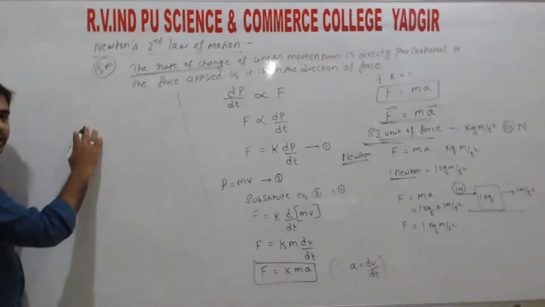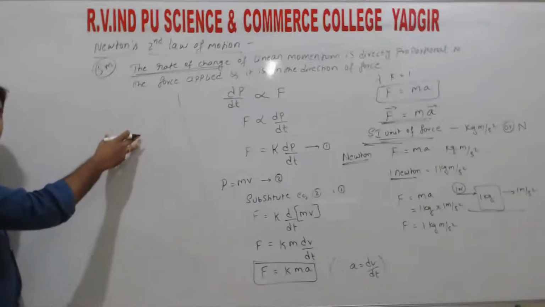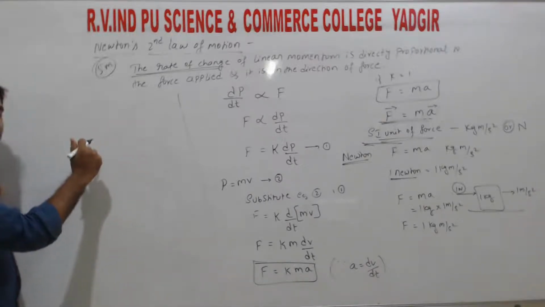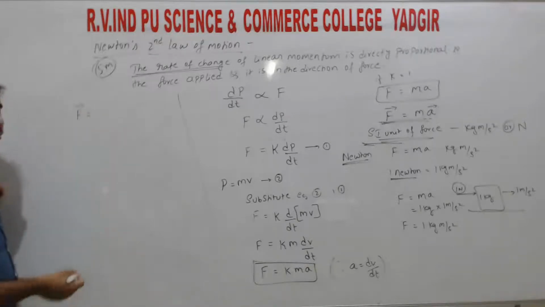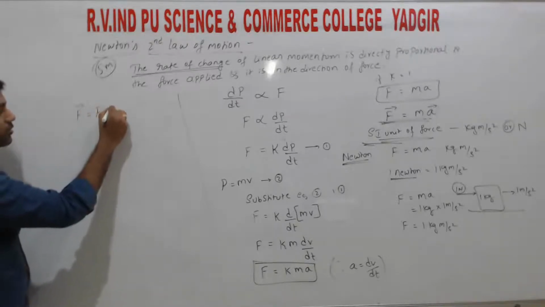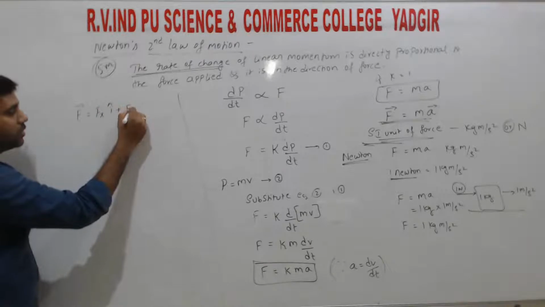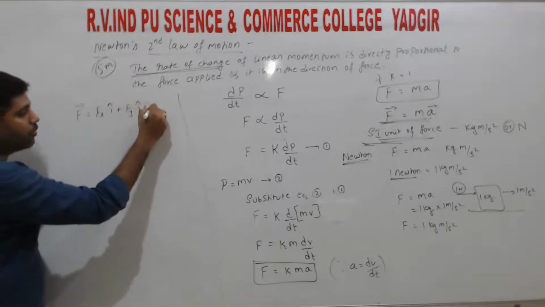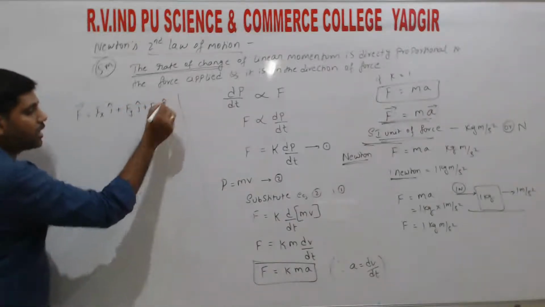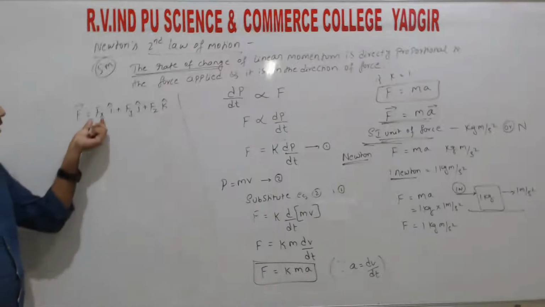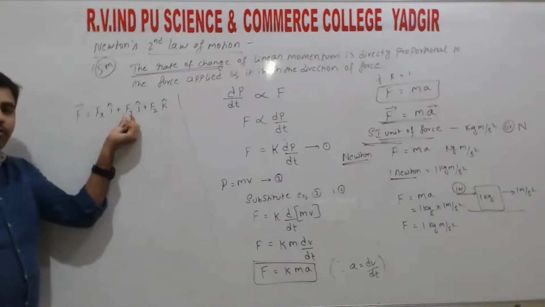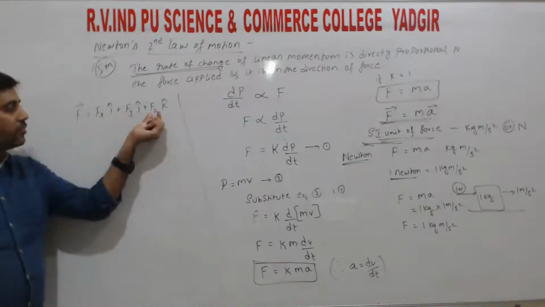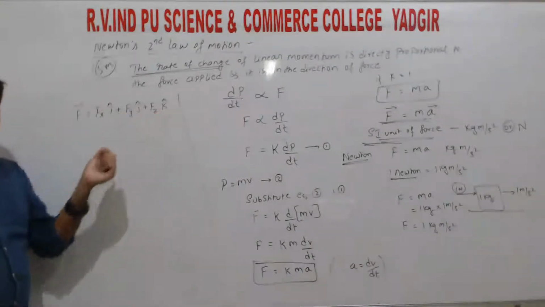So if the object is moving in space, that is in 2 dimensions or 3 dimensions, the force we can write as F is equals to Fx i cap plus Fy j cap plus Fz k cap, right? So Fx is the force acting along the x axis, Fy is the force acting along the y axis, Fz is the force acting along the z axis.